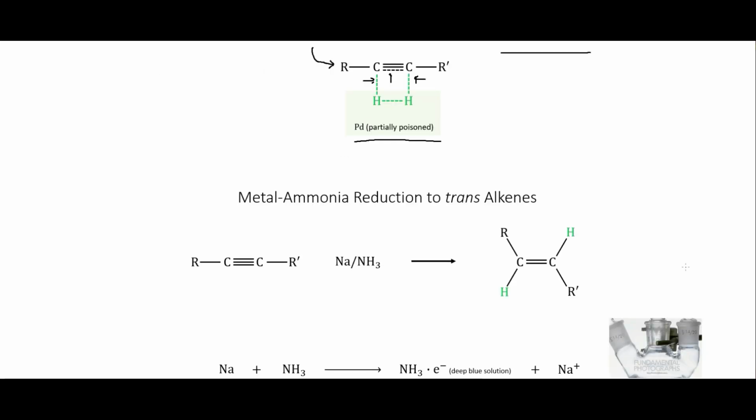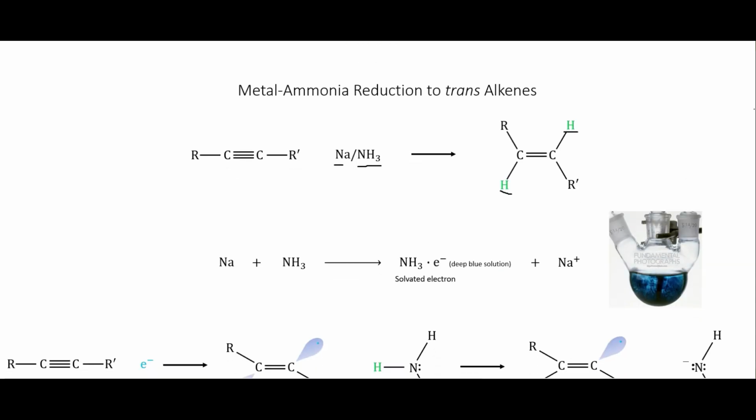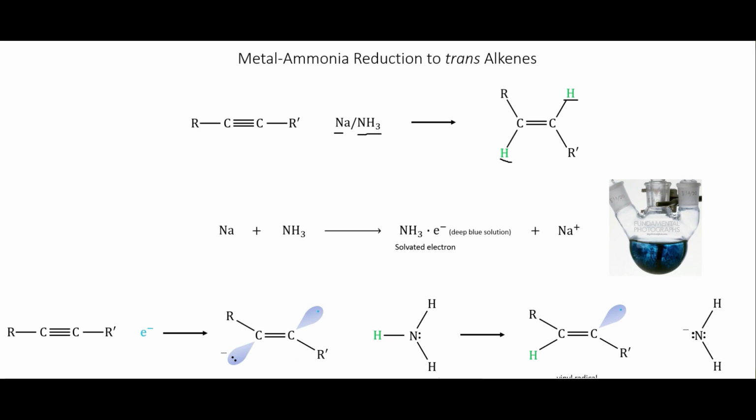All right, so then if we want to do the trans-alkenes, we want to use the sodium and ammonia here. So we're making a trans-alkene, so these hydrogens will be added opposite to each other on these double bonds. This is kind of an interesting mechanism because we're using both carbanions and free radical carbons.